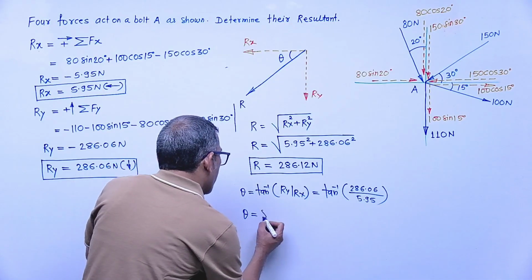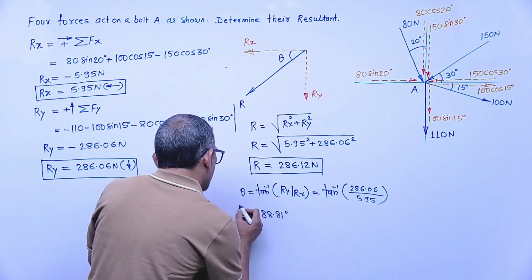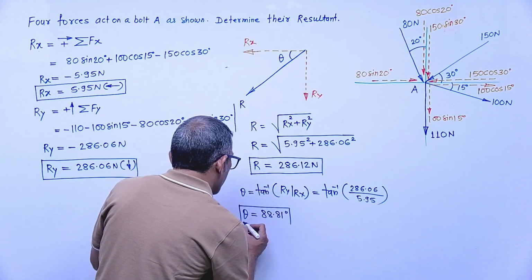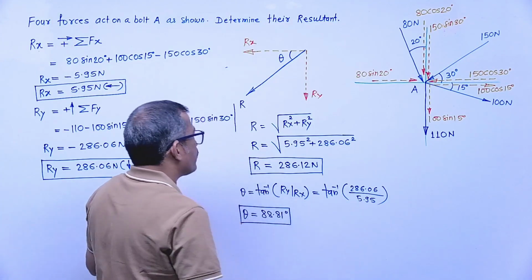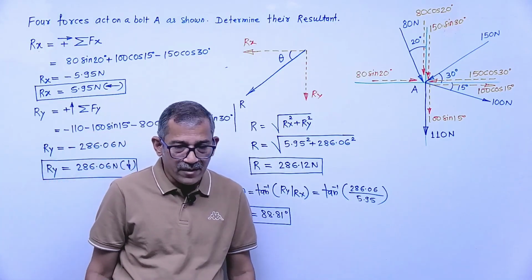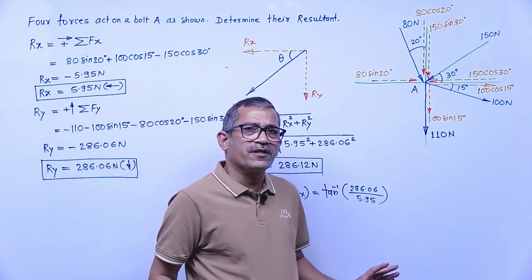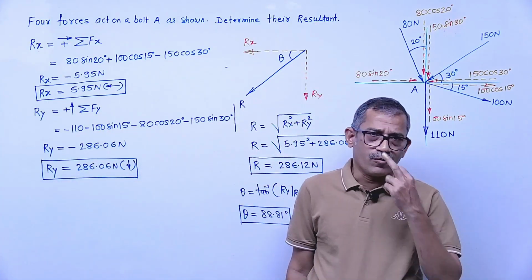You must get 88.81 degrees, because the vertical component is much greater than the horizontal component, so the angle is large. Clear? Understood? Simple. You simply resolve the forces, add the horizontal components and add the vertical components.